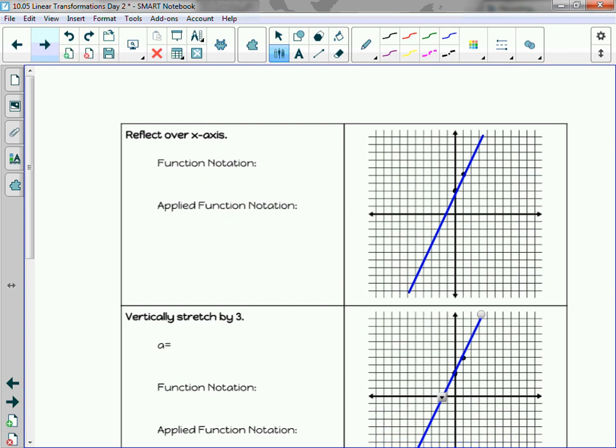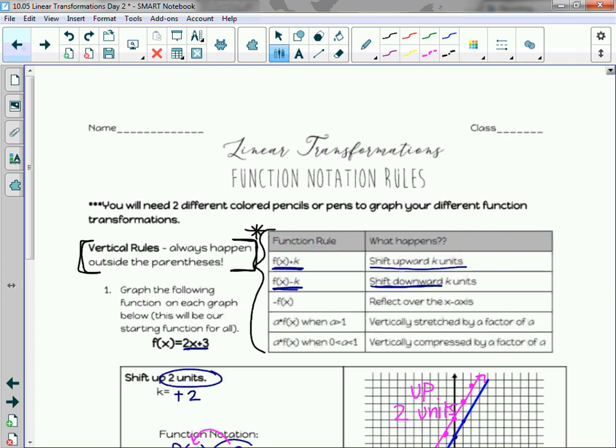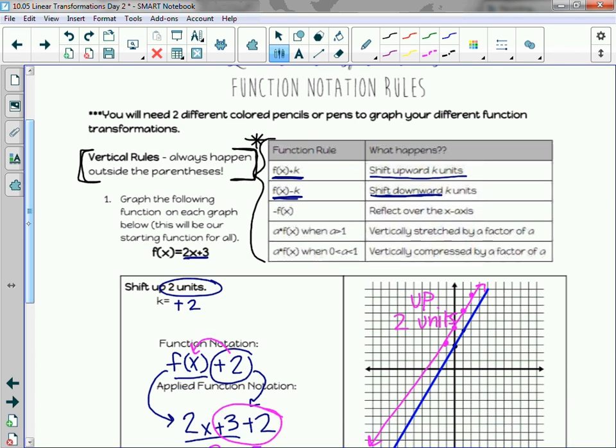Now we're going to flip back and forth a little bit here. Flip to the next page. We're reflecting over the x-axis. Before we do anything with the function notation, flip back over to look at your table. We're reflecting over the x-axis. That's our next one down. The only thing that's happening here is this negative is getting multiplied outside of the parentheses by your function.